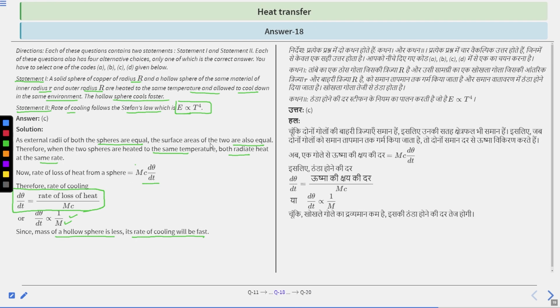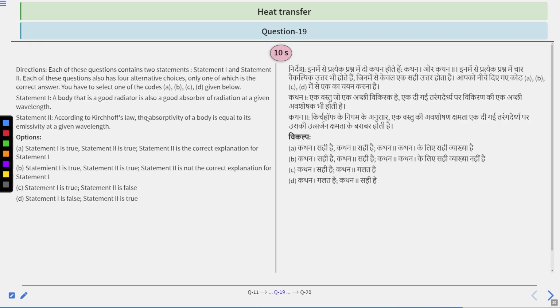Next question. Question 19. Statement first: a body that is a good radiator is also a good absorber of radiation at a given wavelength. Statement second: according to Kirchhoff's law, the absorptivity of a body is equal to its emissivity at a given wavelength. Given options, which one is correct?